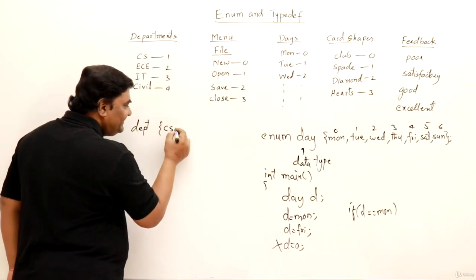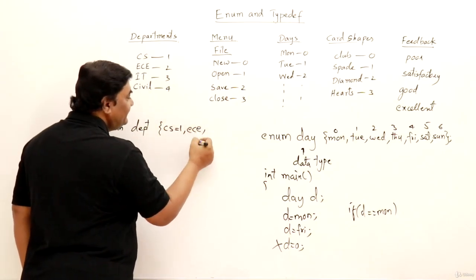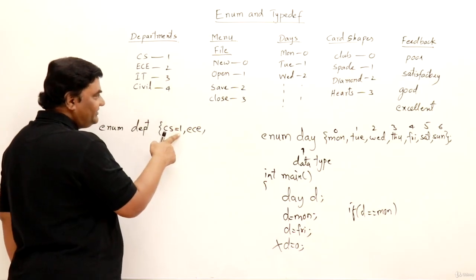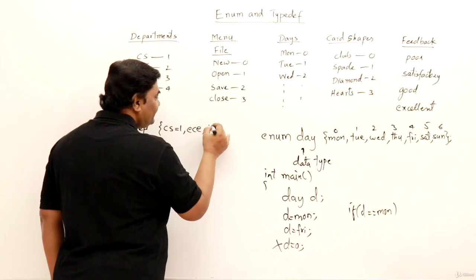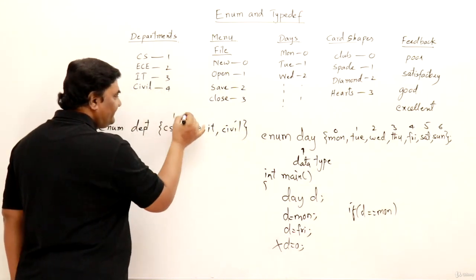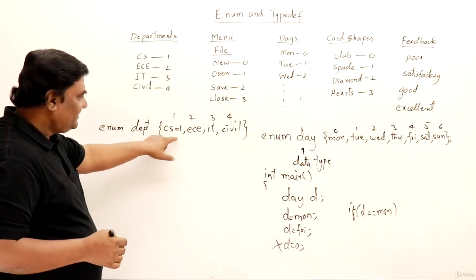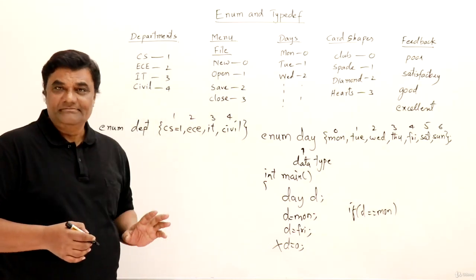So if you say CS assign 1, then next write just ECE. This will automatically become 2. So this is the starting point. You can just mention the starting point, right? Then this becomes 2 and this becomes 3 and civil becomes 4. So this is 1, this is 2, this is 3 and this is 4. So if you mention some starting number, then the remaining, it will automatically take the next number.